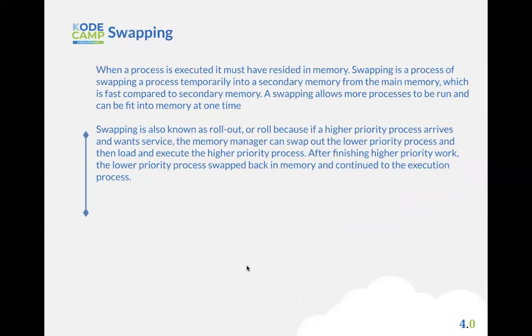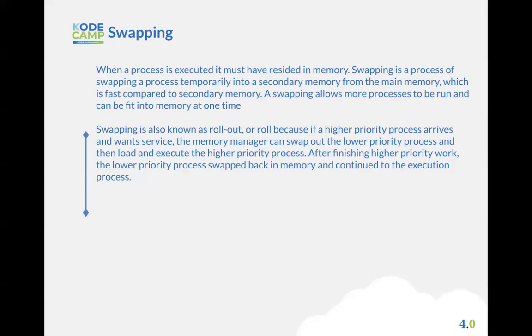Okay. So swapping is another concept under memory management. Looking at processes in the primary memory and processes in the secondary memory. You can have a process that is running in the memory that is being executed, and another process that is in secondary memory. Now, in a situation where a processor sees that there is a priority to another process, it needs a way to swap out one process for another one seamlessly.